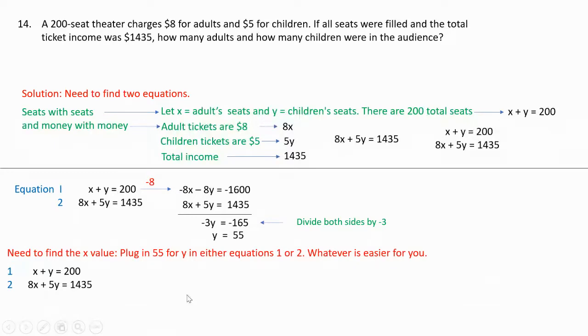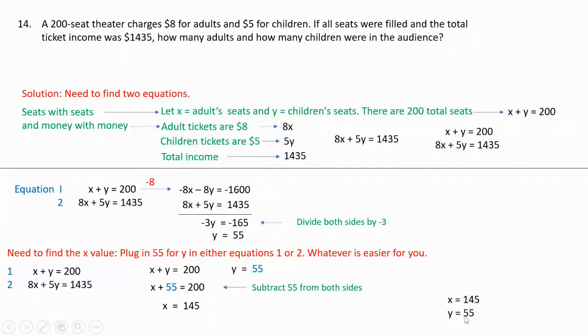I need to plug in 55 into either equation 1 or 2. I'm going to choose equation 1 because it seems much simpler than equation 2. So y is 55, so I plug in 55 for the y right there. Then I subtract 55 from both sides, and x equals 145.